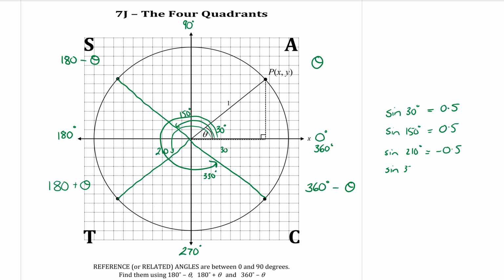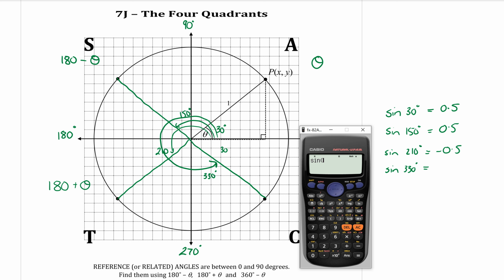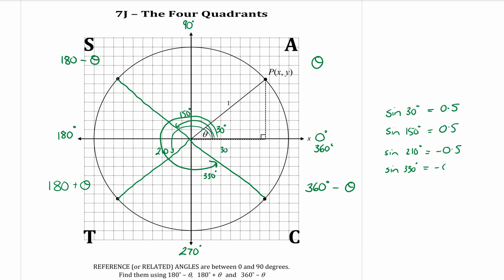Sine of 330 degrees is minus a half again. Now I've just shown you one demonstration, but what we can see from this is that sine of 30 in all four quadrants has the same 0.5 that is showing up. It's just that in some quadrants it's positive and in other quadrants it is negative.